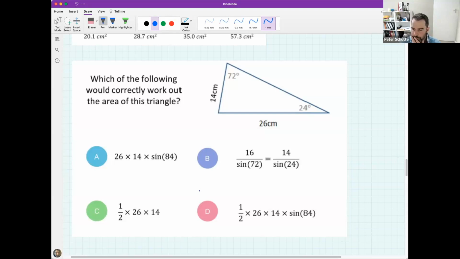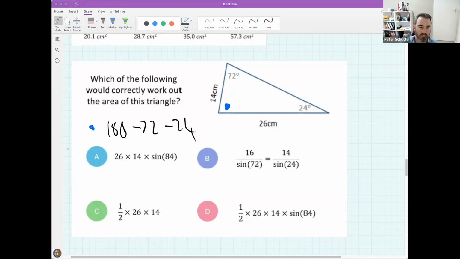Okay, so if we look at this, we know that we don't have this angle, which is a problem, but we do know something about triangles: they always add up to 180. So I think the blue dot is just going to be 180 minus 72 minus 24.